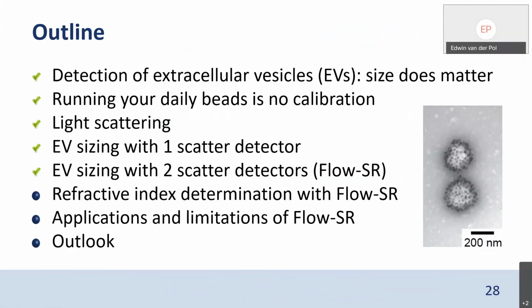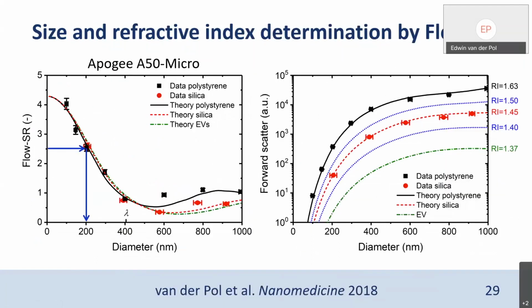And that's about sizing with flow SR, but how can we use that to determine the refractive index? For that, we don't only use the flow SR versus diameter relationship, but we go back to one of the calibrated detectors. So to explain that, we take this flow SR of 2.5, corresponding to a particle of 200 nanometer.